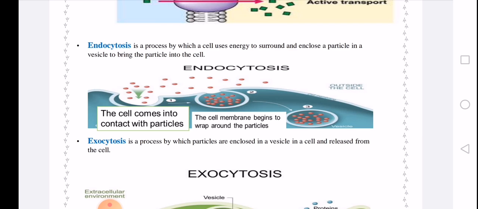Endocytosis is a process used when you need certain particles, like large particles, to get inside the cell, and it uses energy. A cell uses energy to surround and enclose the particles in a vesicle to bring them into the cell.